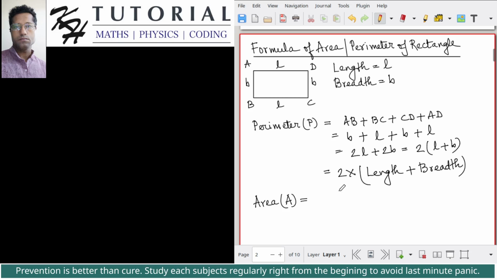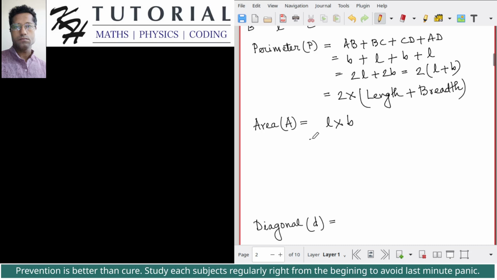The area will be length into breadth. Now again, why it is length into breadth, I will elaborate on this after discussing the area of a triangle. Okay. So the area of a rectangle is nothing but the length multiplied by the breadth.